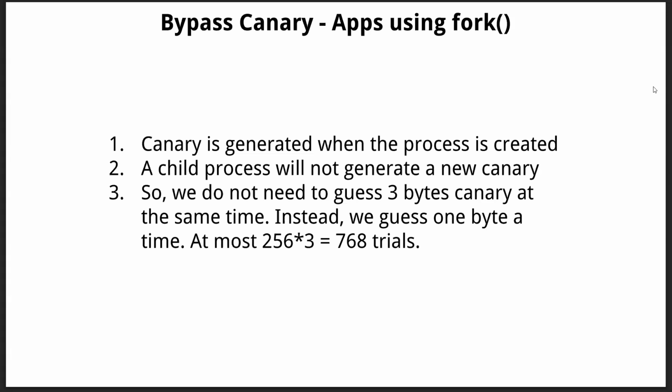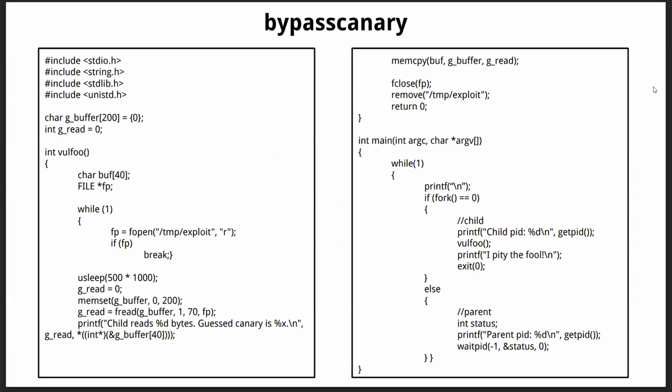We didn't touch other bytes. After we know the first byte, we start guessing the second byte, taking another 256 tries. So technically about 700 tries, we will be able to guess that. So that's what we're going to do with this program.